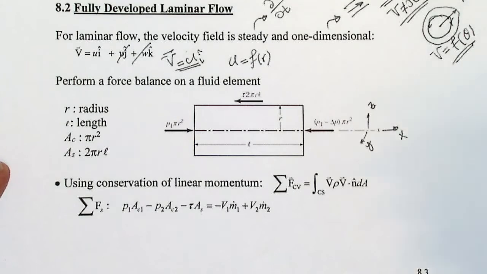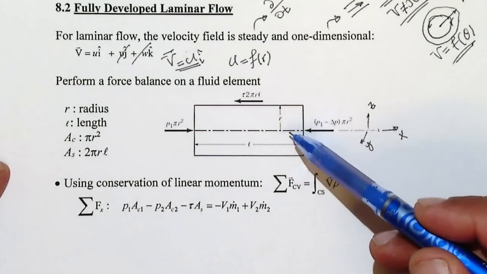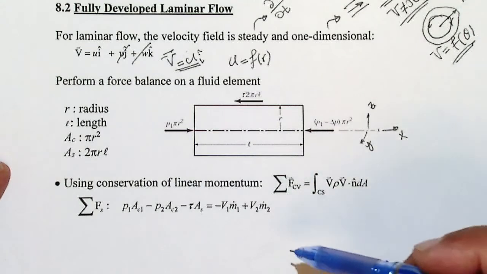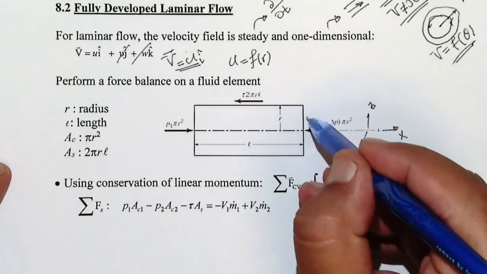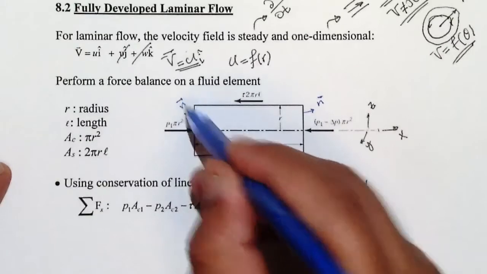That is going to give you the whole forces that affect this force balance for this fluid element, which could be part of the pipe, and it is equal to the whole momentum that comes in and goes out, right? So here you will have momentum in in this direction and momentum out.